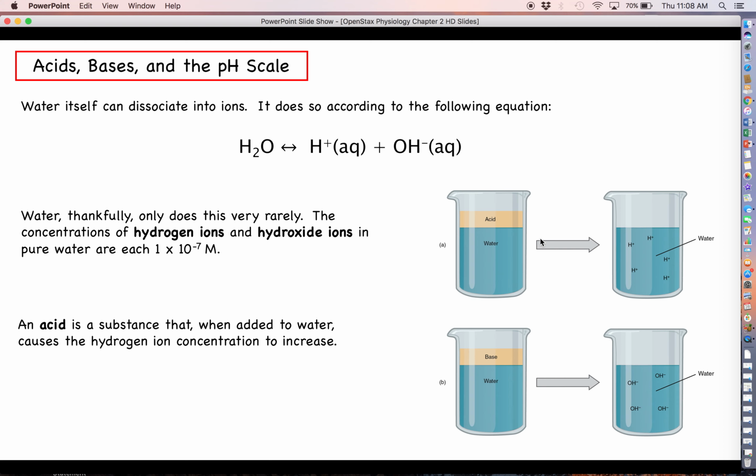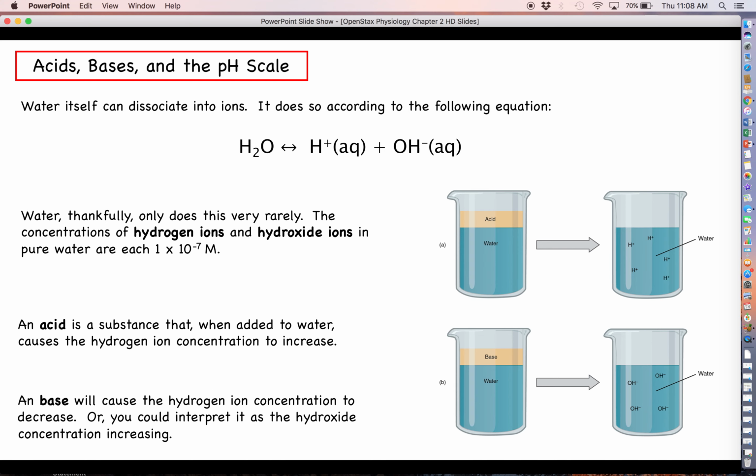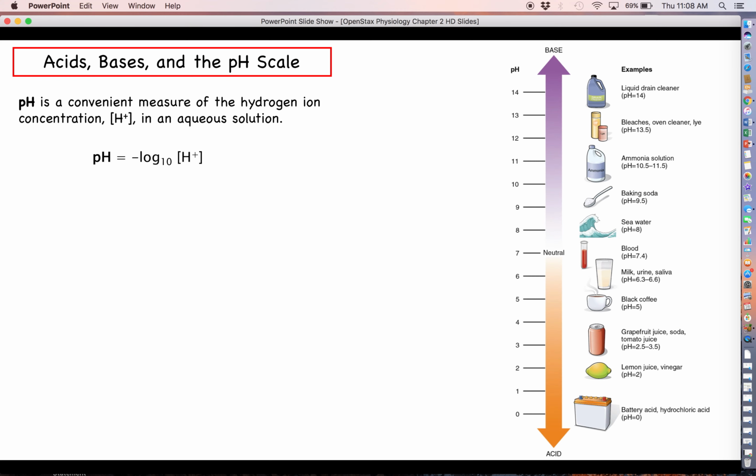So an acid, here on top, is a substance that when you add it to water is going to increase the concentration of hydrogen ions, whereas a base is going to do the opposite. A base will cause the hydrogen ion concentration to decrease, or alternatively, you could think of it as the hydroxide ion concentration increasing.